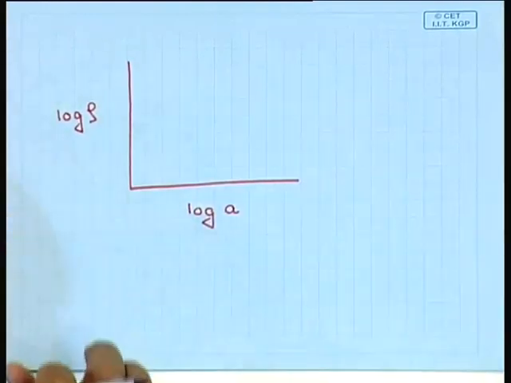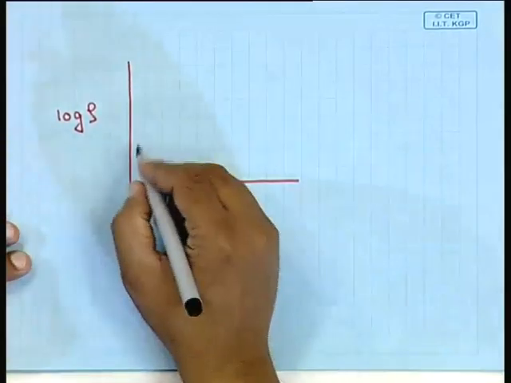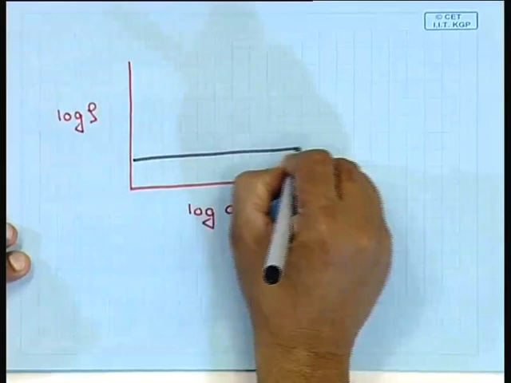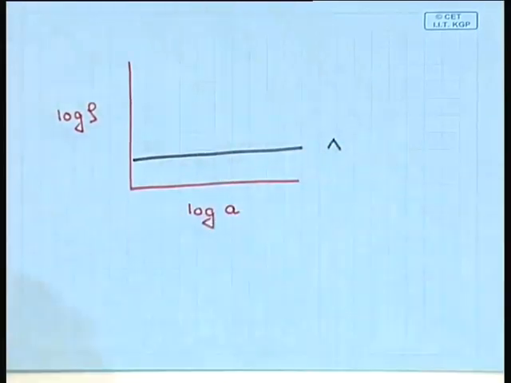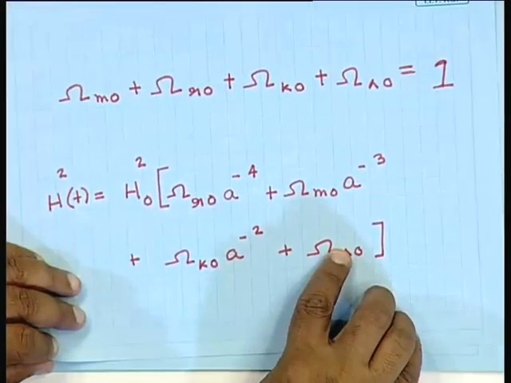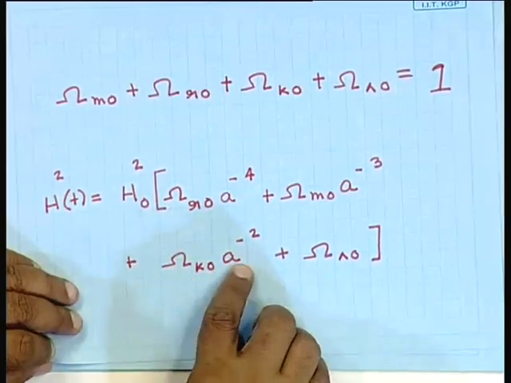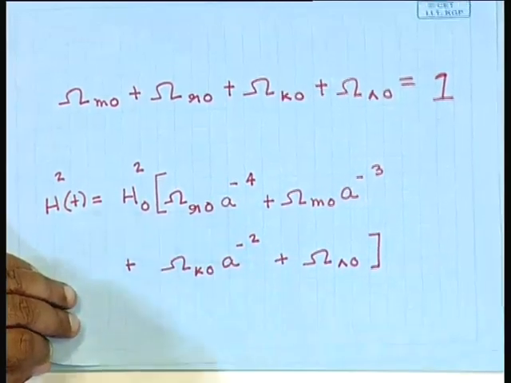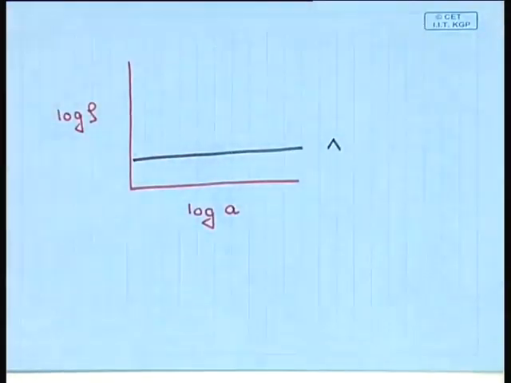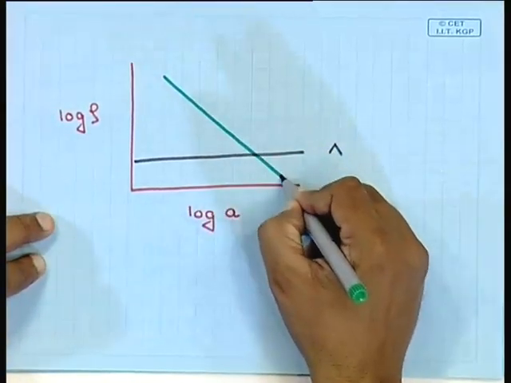The cosmological constant density remains a constant. So, for the lambda it is going to look like this, and then the curvature density falls as a to the power -2. So, that is going to fall something like this.